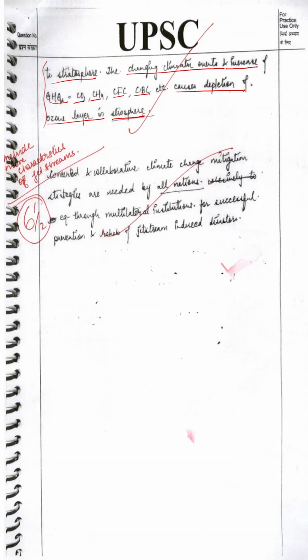Okay, the polar vortex is formed, and this actually happens in the winter season. In the winter season, the cold climatic condition becomes quite intense because of the intensification of the weather condition.